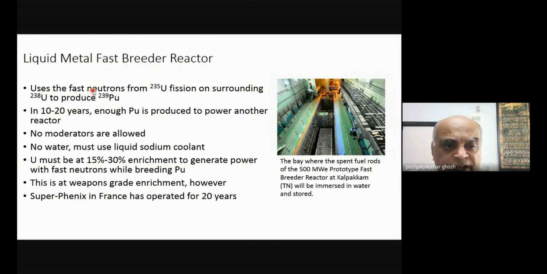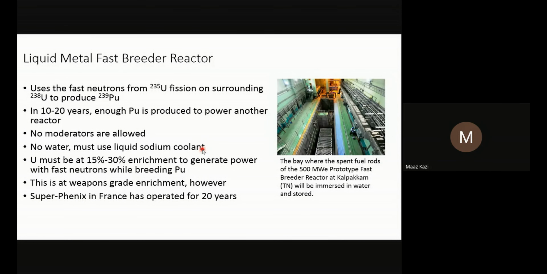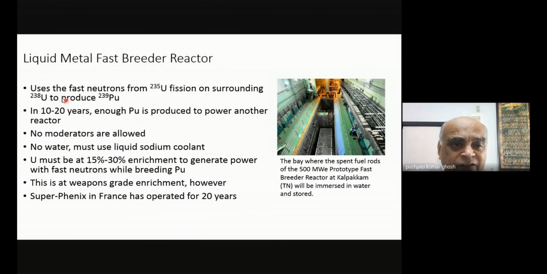So that's the first thing to remember: no moderators are allowed, no water, you must use liquid sodium coolant. Those fast neutrons can then react with uranium-238 and produce plutonium, and plutonium can be used as a fuel.